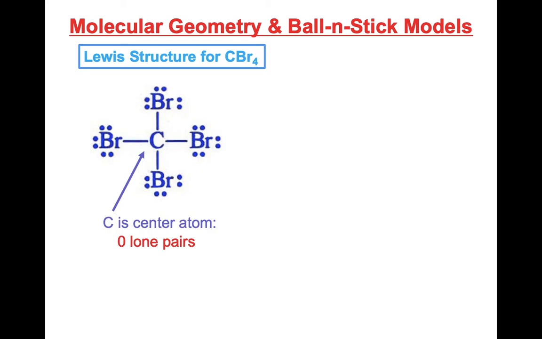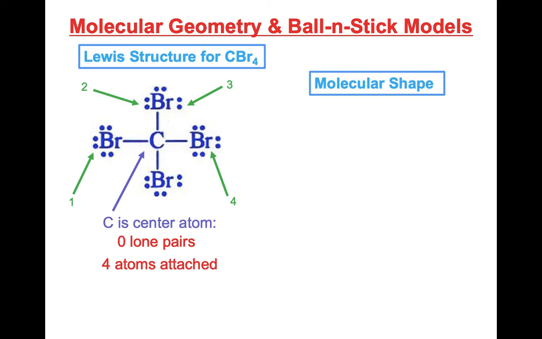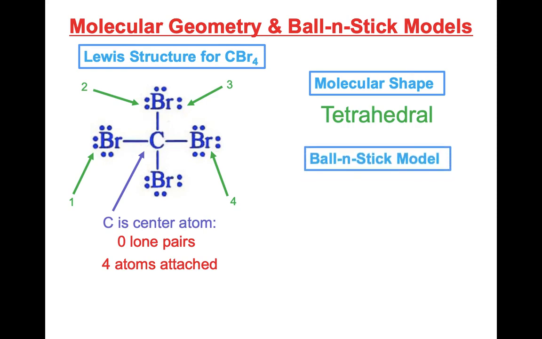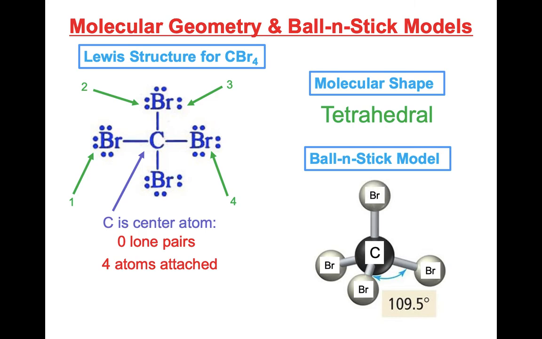But there are 4 attached, and I apologize in advance, my numbering is a little off. So there are 4 bromines, you can see that obviously. And the shape then, because it is 4 attached with no lone pairs on the carbon, is called tetrahedral. To draw that in a ball and stick model, carbon's in the center. You form a little bit of a pyramid on the bottom with your bromines, and then 1 bromine up top.